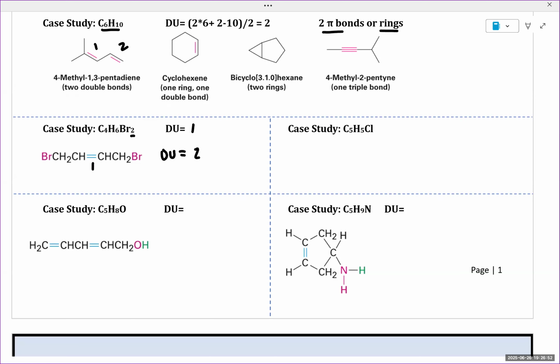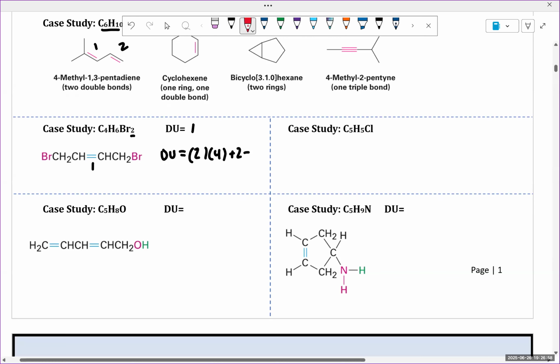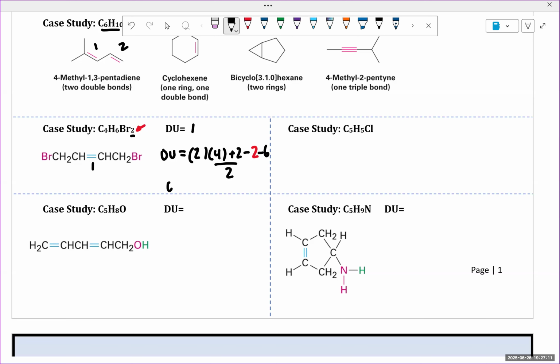So in this case, we take 2 times the number of carbons plus 2 minus the number of halogens, where we have 2 bromine atoms, and then we subtract the number of hydrogens, divided by 2. So this in turn gives us a Du value of 2 over 2, which matches our Du value of 1 that we calculated.